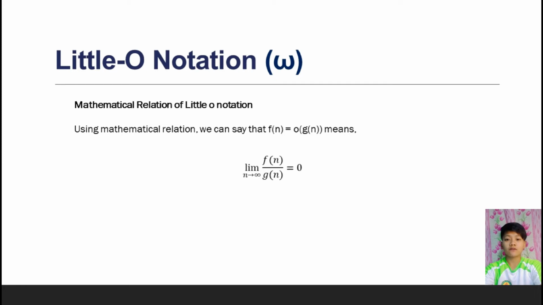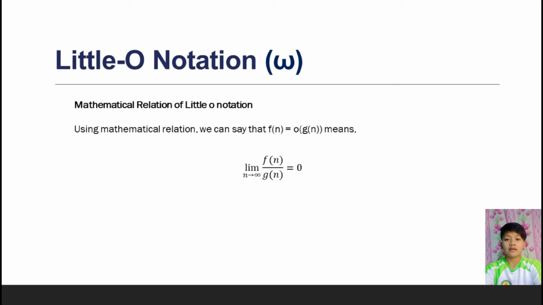Mathematical relation of little o notation. Using the mathematical relation, we can say that f of n is equal to little o of g of n means that as n approaches infinity, f of n becomes insignificant compared to g of n.